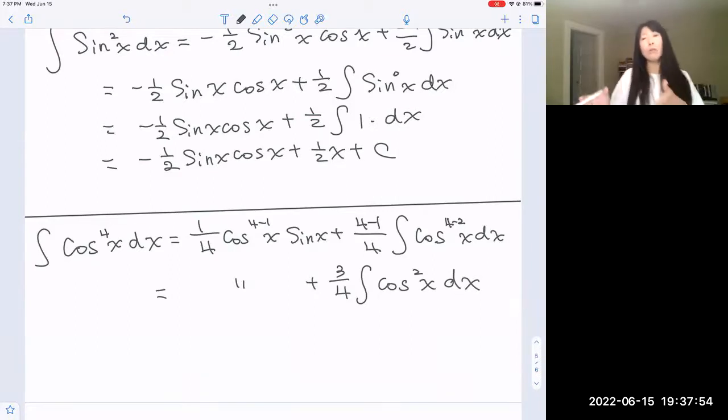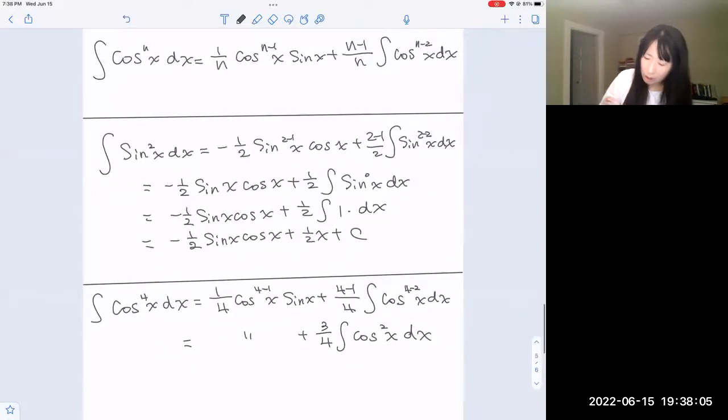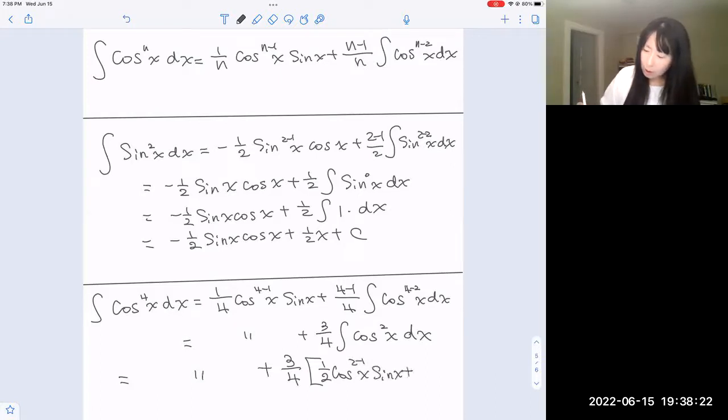Now we cannot use substitution, so we can just use the reduction formula again. Let me shrink this so that I can see it. The reduction formula says: 1 over n, in this case 2, so 1 over 2 cosine 2 minus 1 x sine x plus 2 minus 1 over 2 integral of cosine 2 minus 2 x dx.